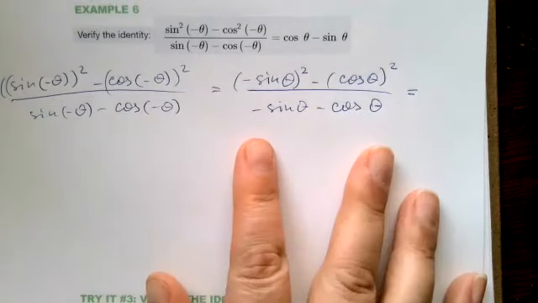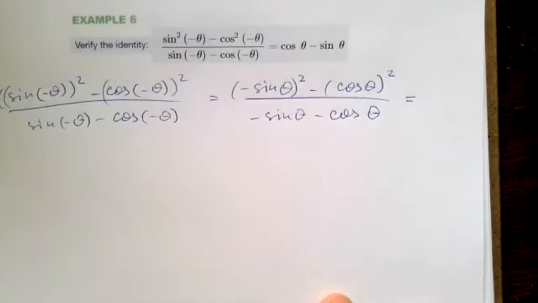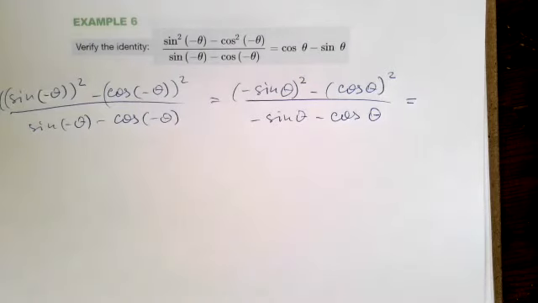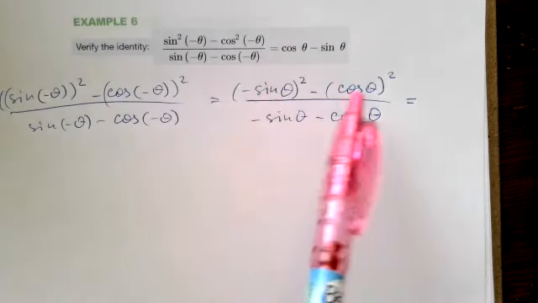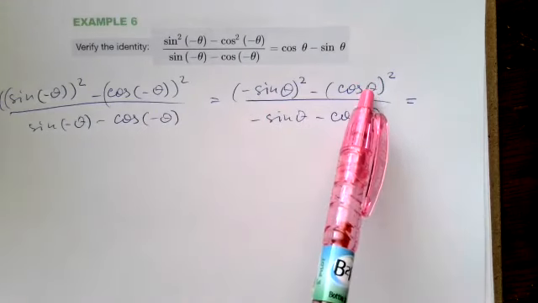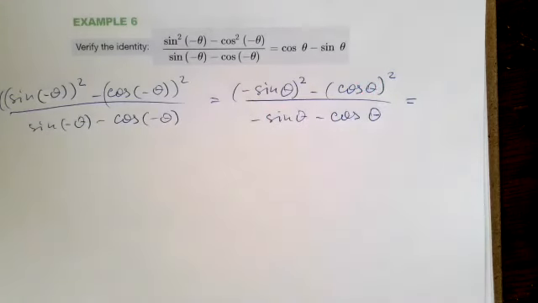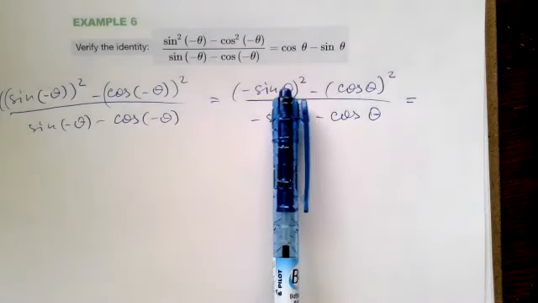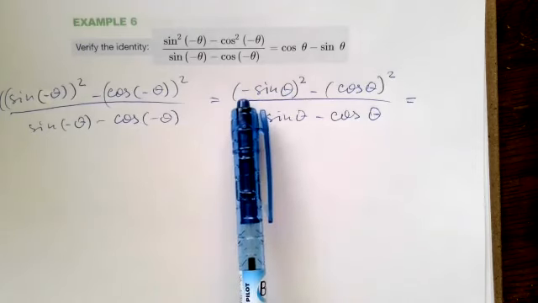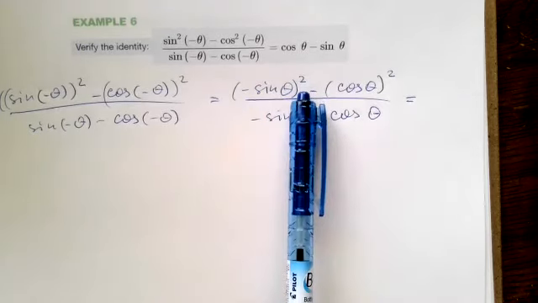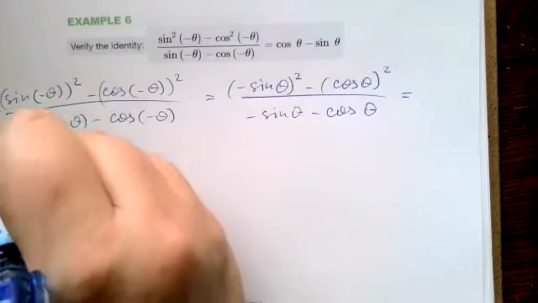I'm looking here thinking, what else can I do? What else can I apply? And I noticed that here I have my a squared minus b squared situation, right? By the way, before I actually do that, I'm going to square my negative sine. When we square negative sine, it becomes positive sine squared, right?